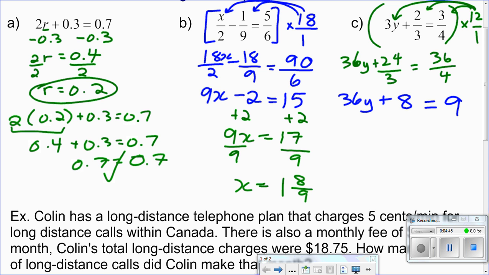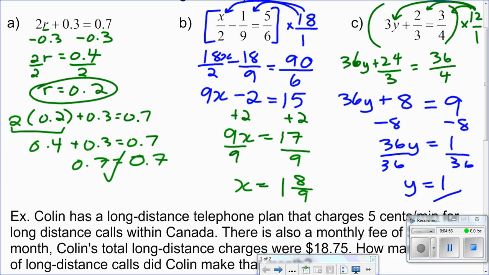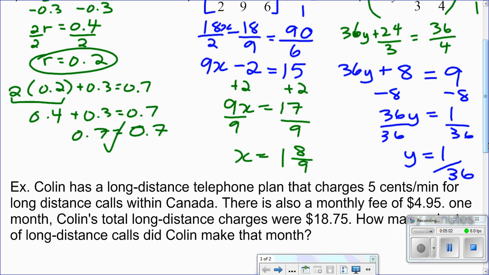Now we have no fractions, no decimals, nice and easy, simple two-step. So y equals 1 over 36. If any of those were a struggle for you, I would expect you to come into tutorials.